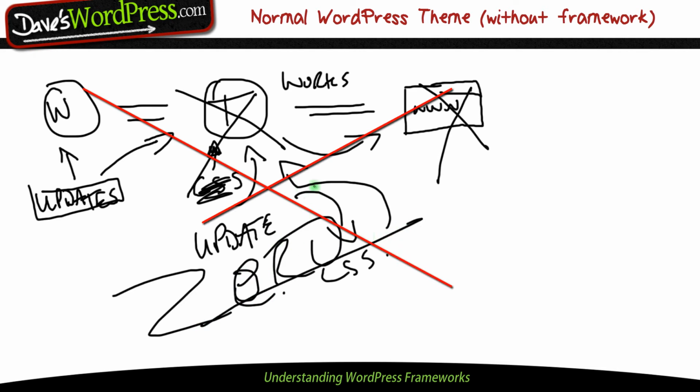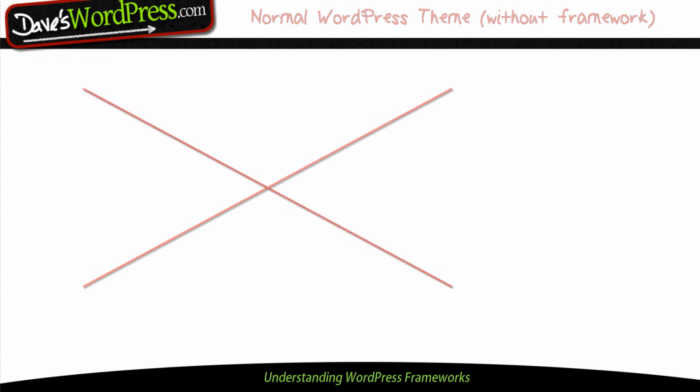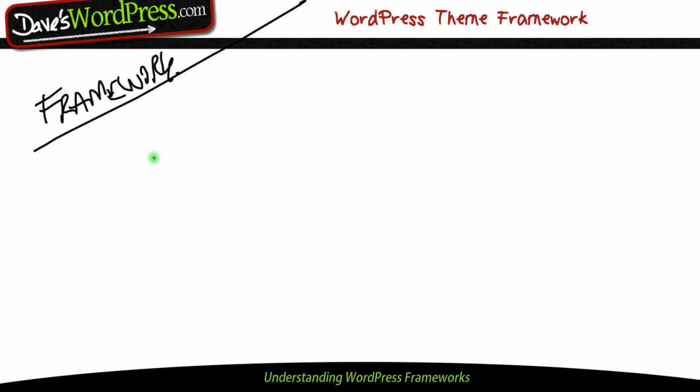Okay, so all that said, let's look at how a framework works. And I think you might already understand this slightly just from that example. So I use Genesis. This is how it works.